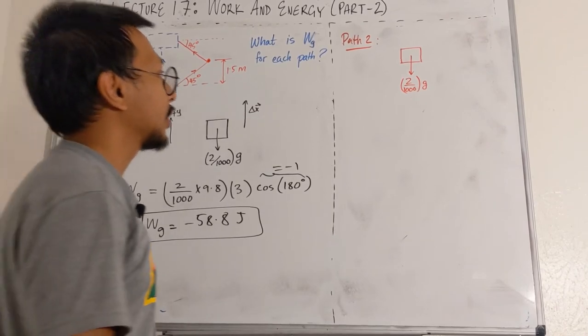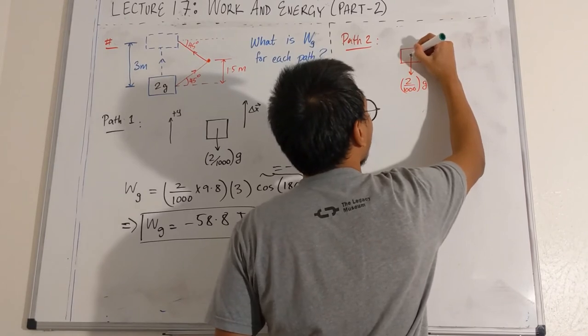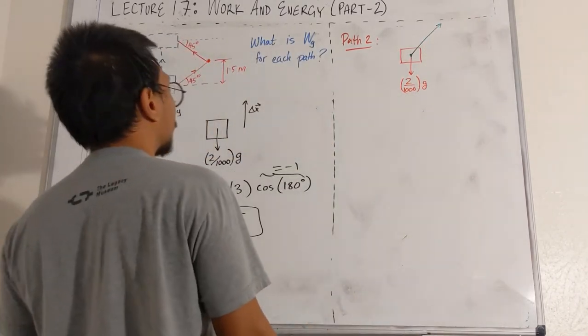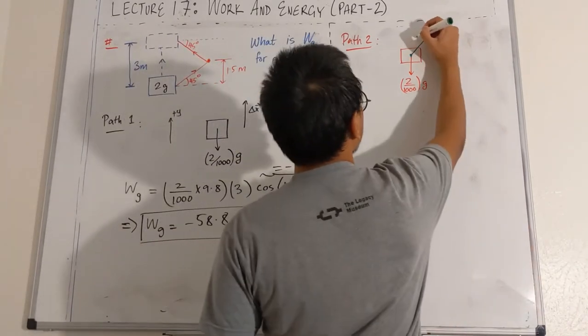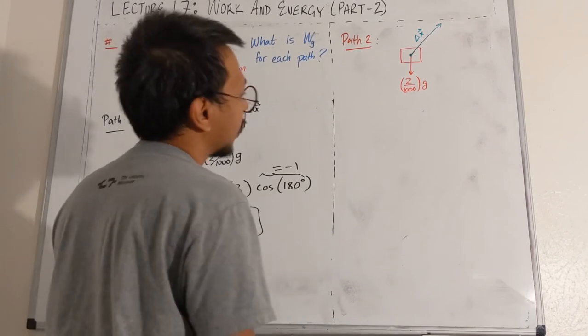For our purposes, let us just go ahead and draw the path to make our lives easier on the free body diagram. Usually we don't do that. All right, so this is the path it follows, delta x. This is not any force, this is the path it follows.